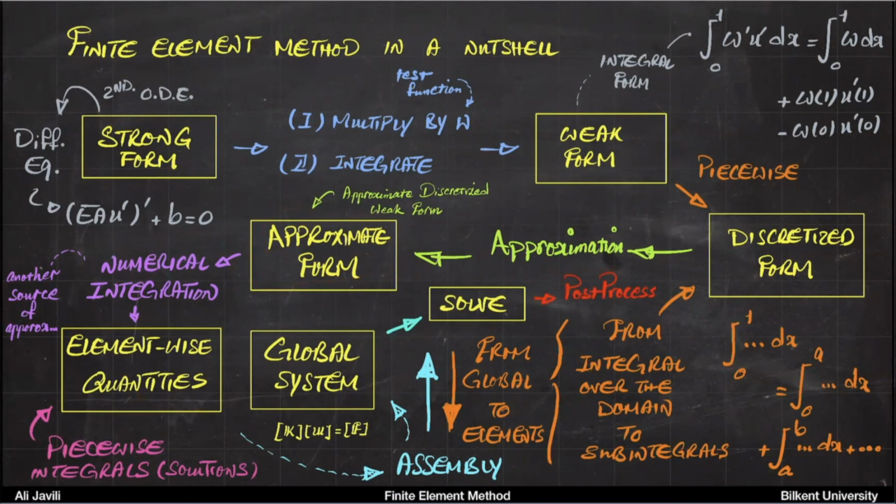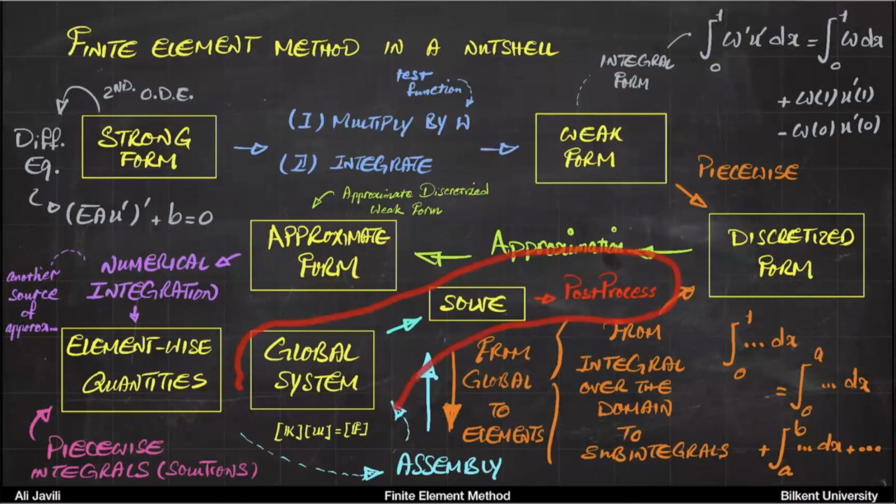Once you have the stiffnesses for each element, then all you need to do is assemble these different elements together, and then you would have your global system. And then you solve that global system, you do the post-processing, and you have done this already before. I started the semester more like this.